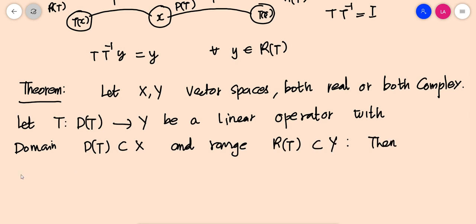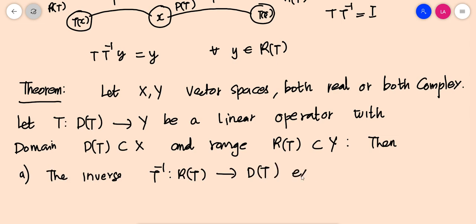The first condition: the inverse T inverse from R(T) to D(T) exists if and only if T of x equal to 0 implies x is equal to 0.